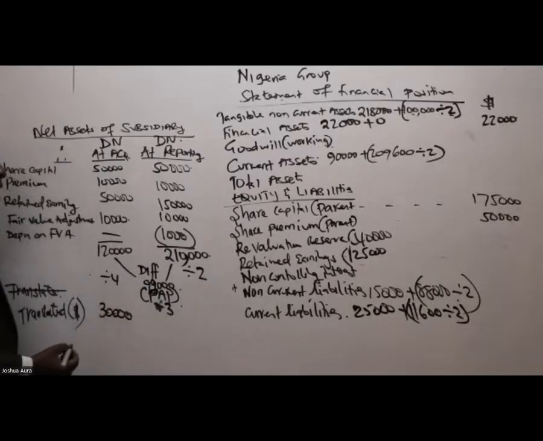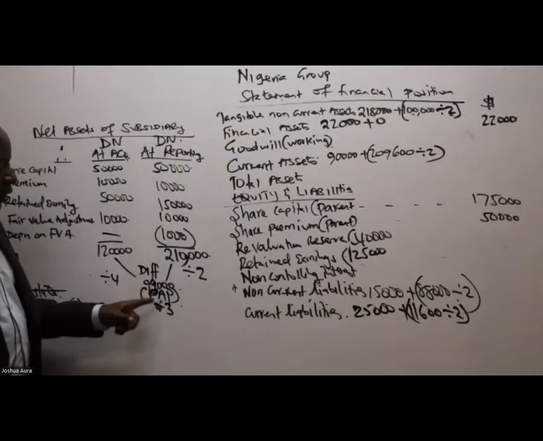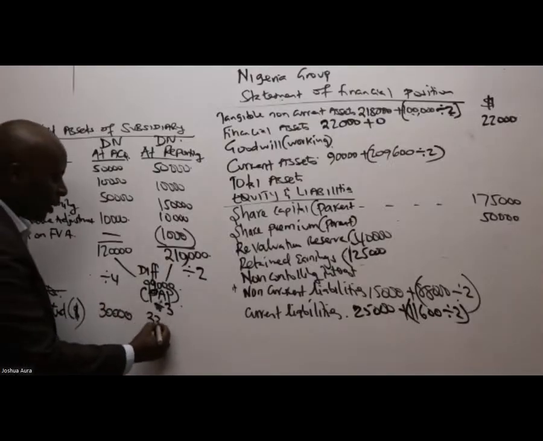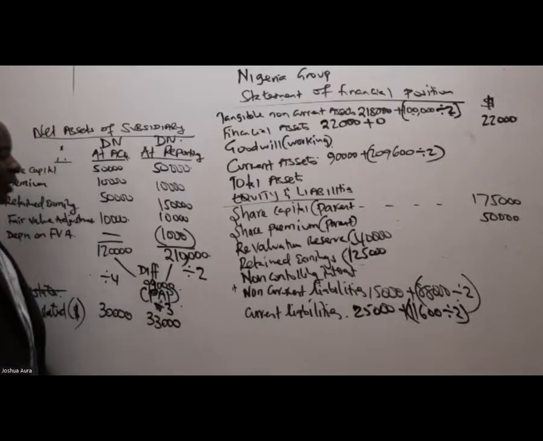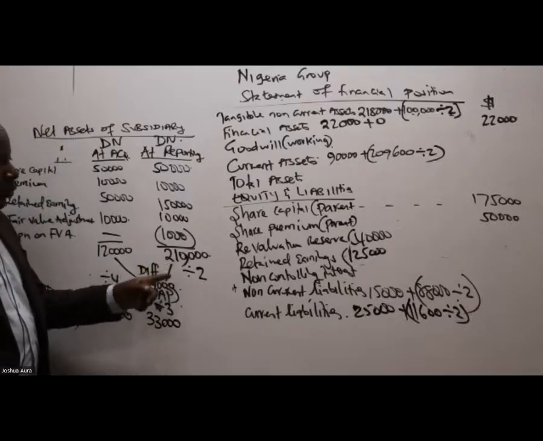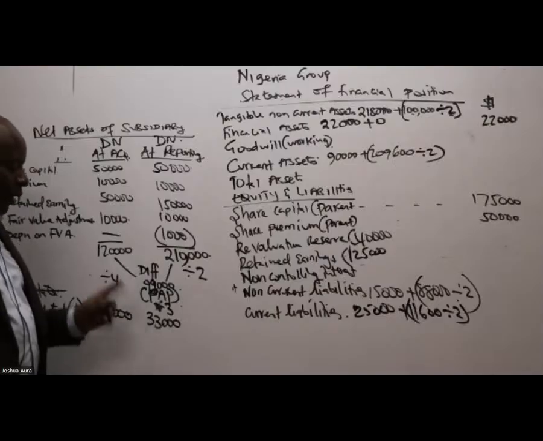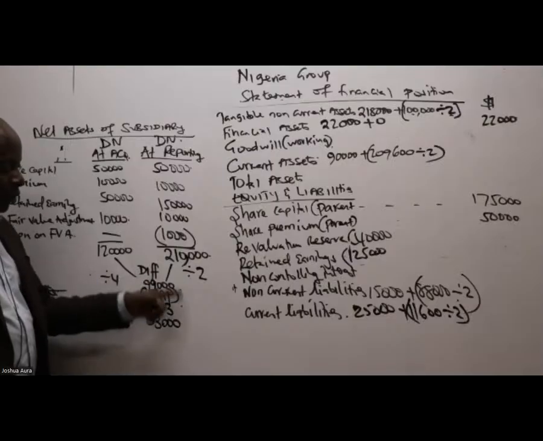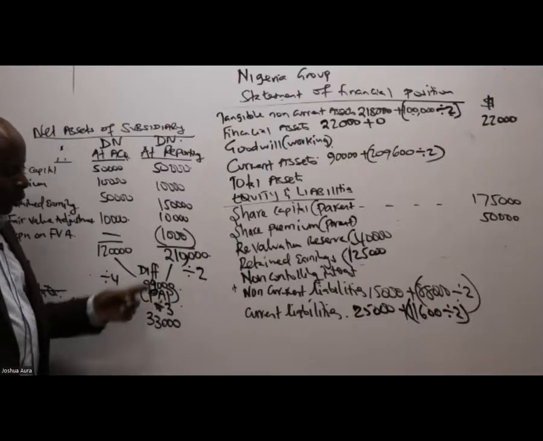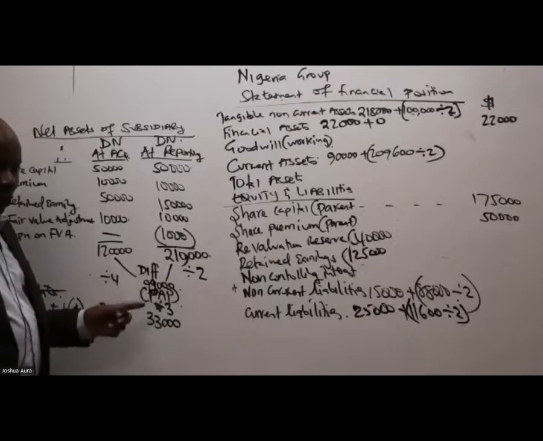Thank you very much. And then we have 99,000 divided by 3, which is 33,000. And then the last one, 219,000 divided by 2 gives me what figure, somebody?